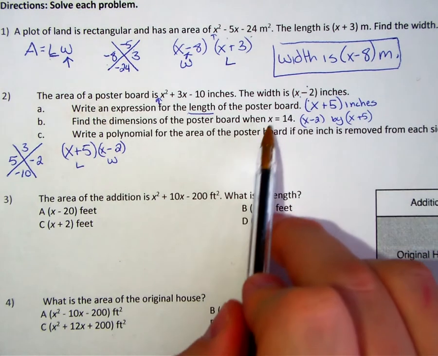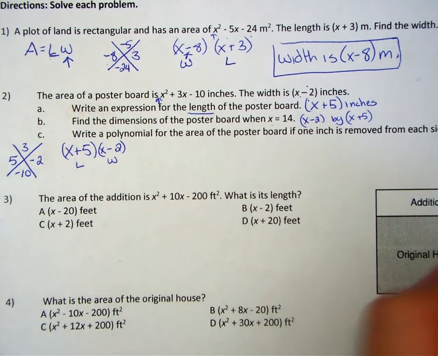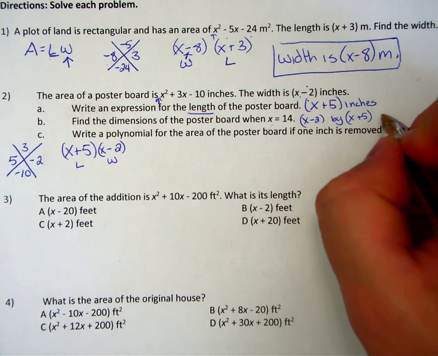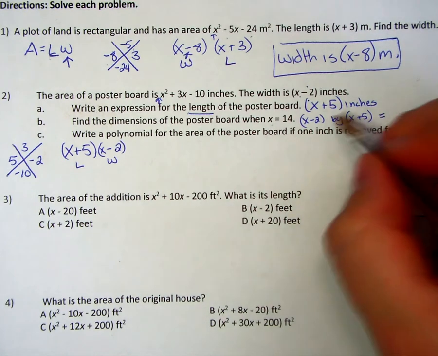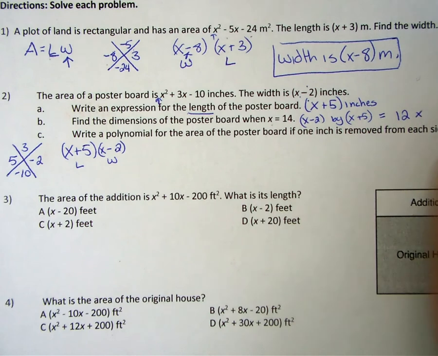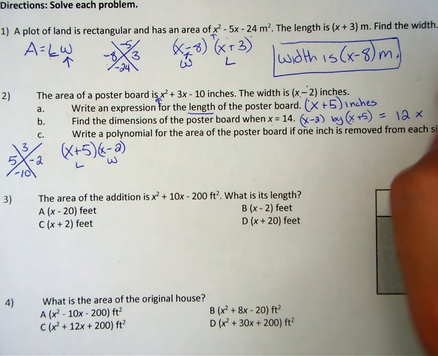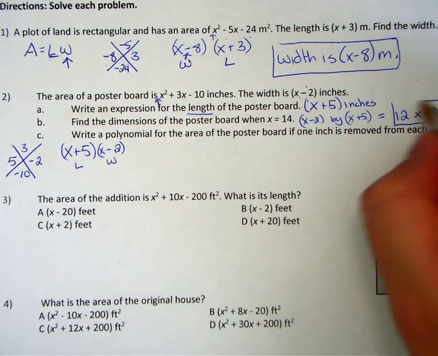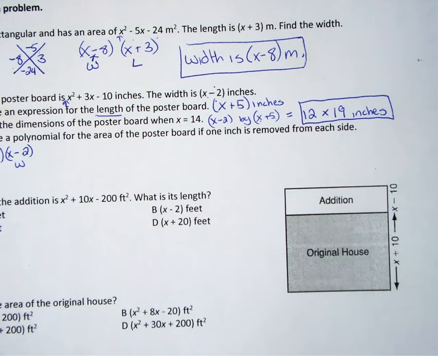Since we are given a value of x, we're going to plug that in. So our final solution: 14 minus 2 would be 12, by 14 plus 5 is 19. So we have a 12 by 19 inch poster board.